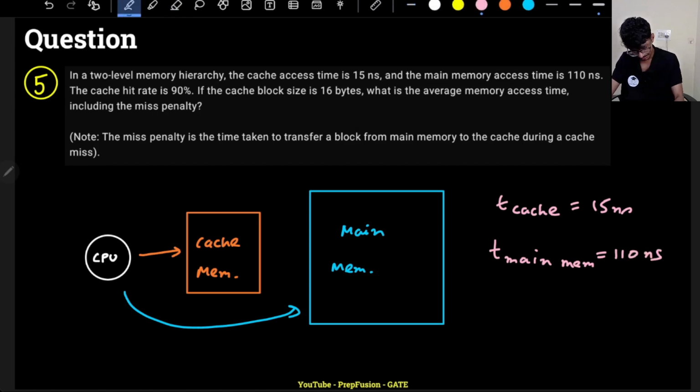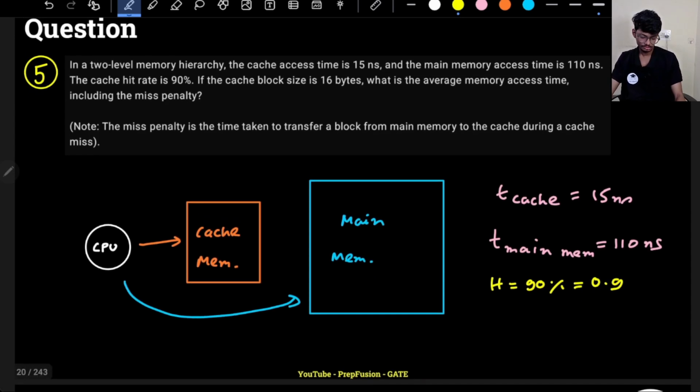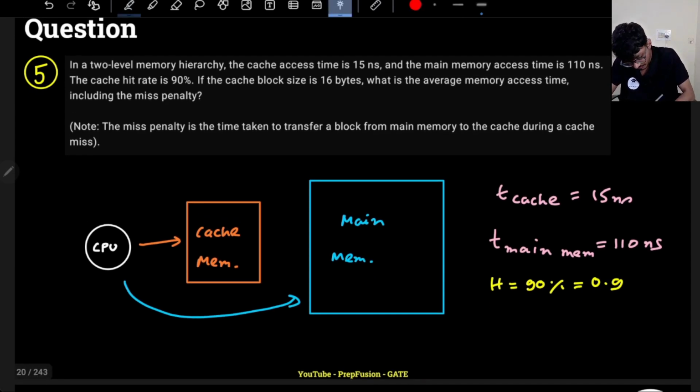and the hit ratio is what? Hit ratio is 90%, so it is 0.9. Okay, these are the information. What else have they told me?